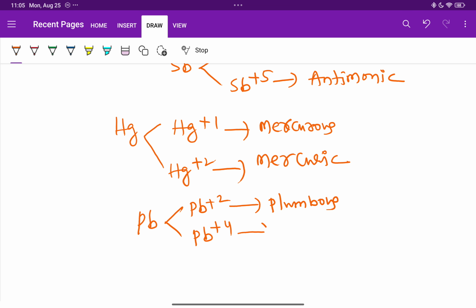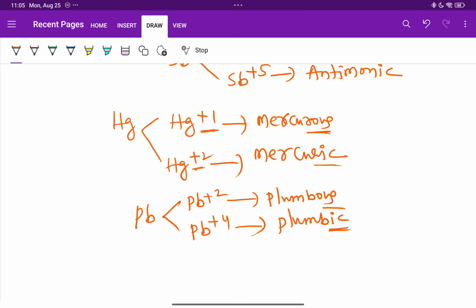So always you are getting us and ic suffix. Metal with the lowest positive charge, us suffix; metal with the highest positive charge, ic suffix. You need to remember this to write the formula of the compounds.